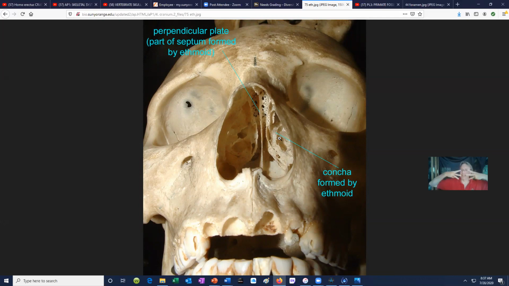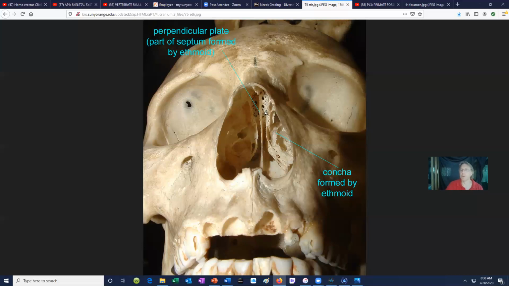So we have these plates sticking out into the nasal cavity, which are called conchae, and two of the three pairs of conchae, the superior and the middle conchae, are parts of the ethmoid bone. They cause the air to swirl around. Thus, if it's cold, it warms up. If it is dry, it humidifies. If there's germs in it, the germs get stuck in mucus. So these conchae are parts of the ethmoid bone.